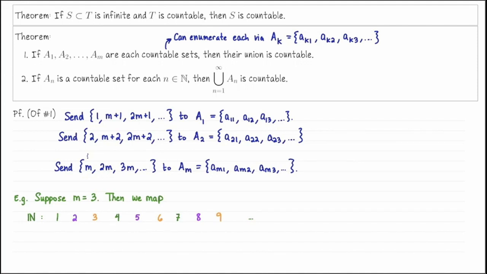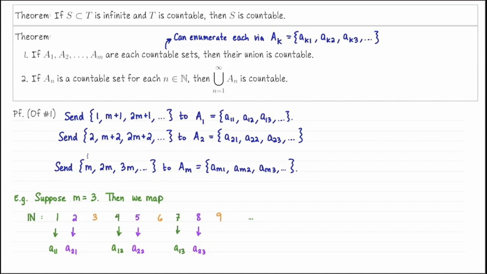Okay, so according to our proof, we should send 1, 3 plus 1, 6 plus 1 to A11, A12, A13. So that's like 1 goes to A11, 4 goes to A12, 7 goes to A13, then 10 would go to A14. Next we're going to send 2, 3 plus 2, and 6 plus 2 to A21, A22, A23, etc., etc. So then 11 would go to A24.